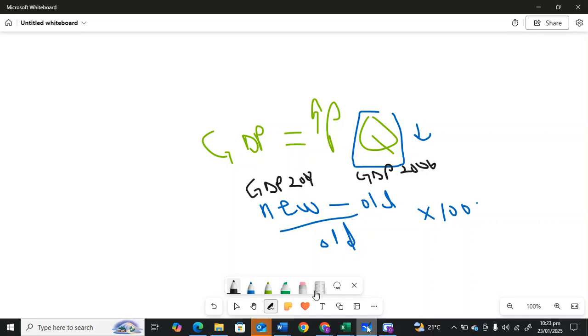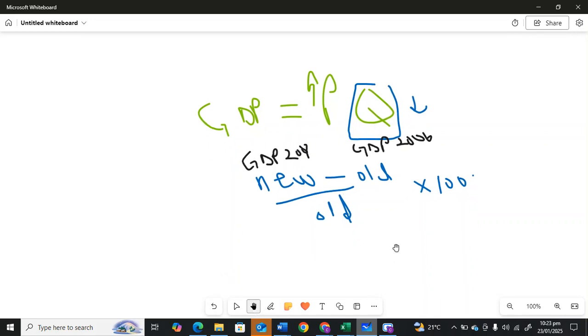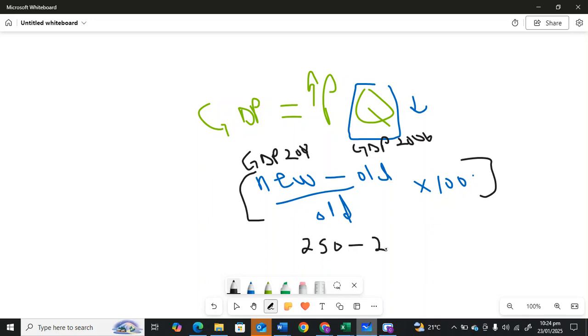So when answering this question, this is how you put it: GDP year 2 minus GDP year 1, divided by GDP year 1. But knowing you are following this concept, new minus old divided by old times 100. So the GDP for 2007 is $250. GDP for 2006 is $200.